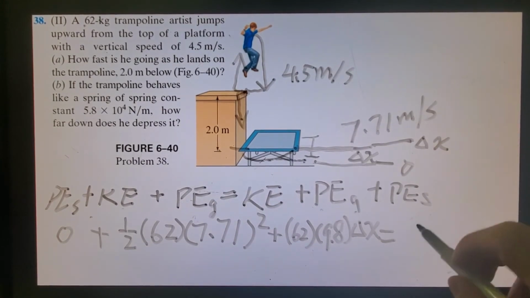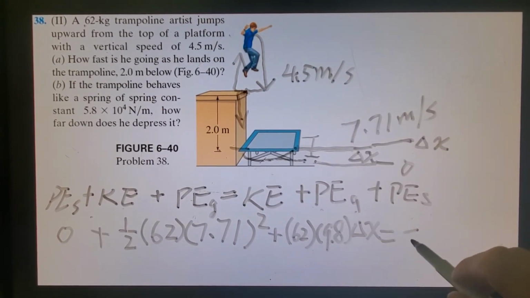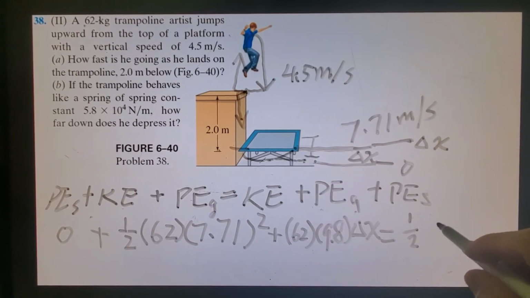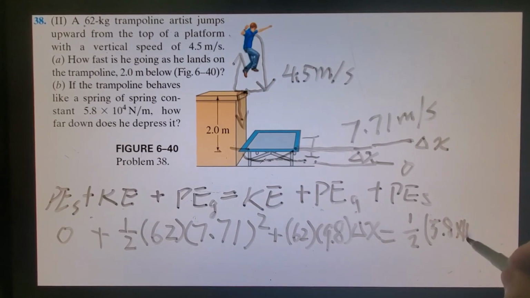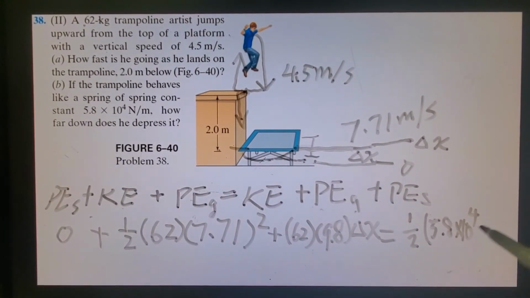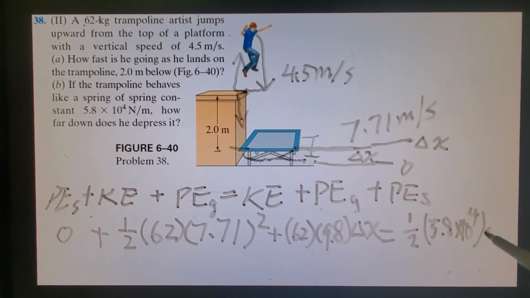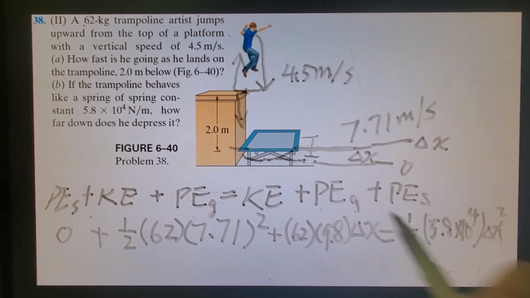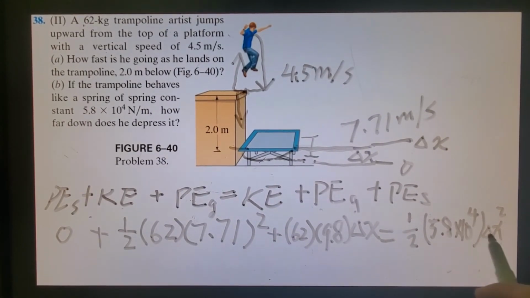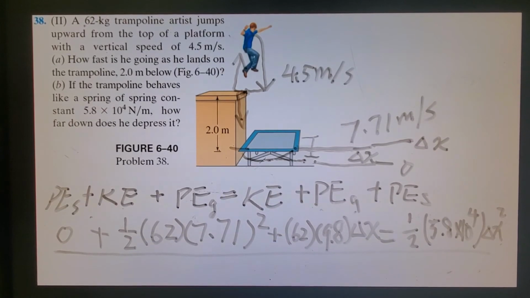Potential energy of a spring will be equal to half times k, where k in this case is 5.8 times 10 to the 4th newtons per meter, times delta x squared. What I need to do now is solve for delta x. You have one equation and one unknown, so we should be able to calculate delta x.